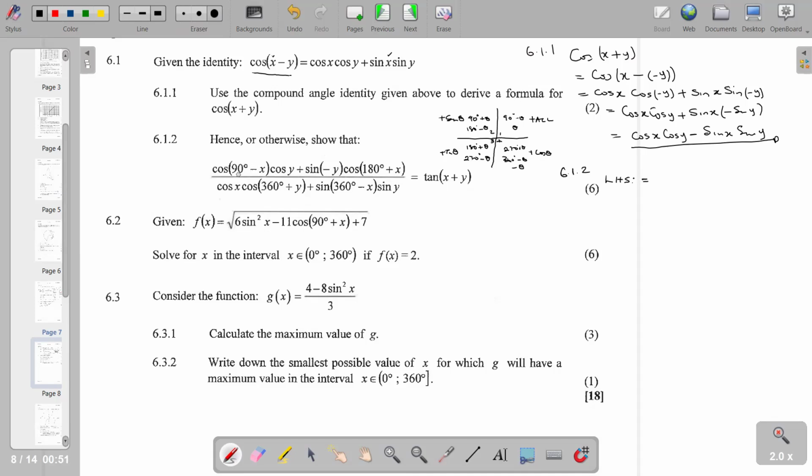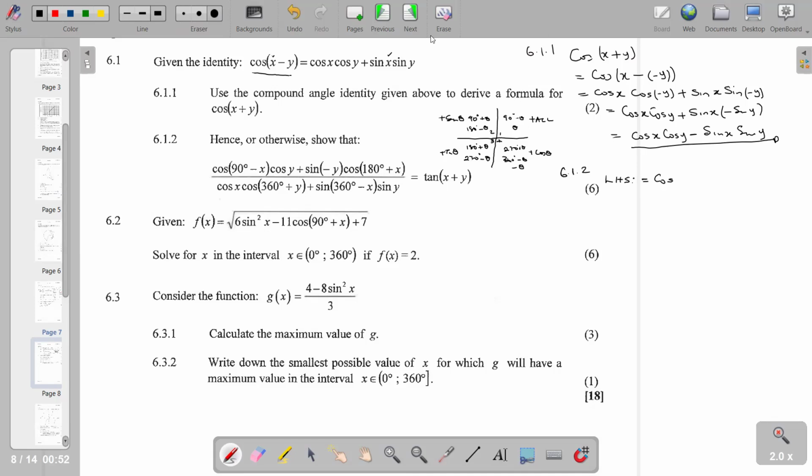If we do reductions, 90 minus x is in which quadrant? 90 minus, we say it's in the first quadrant. What's the sign of cos in the first quadrant? It's positive from this CAST diagram. Then, will the ratio change or will it not change? As we can see, we have 90 degrees, so the ratio is going to change.